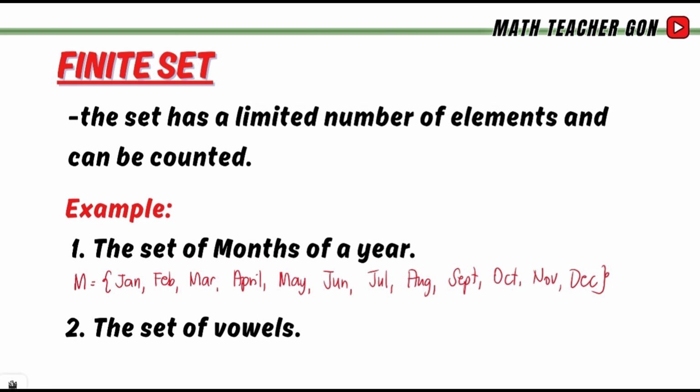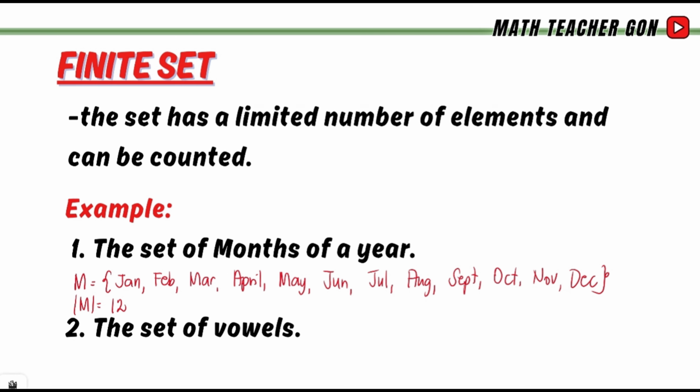So finite set meaning there's a limited number of elements. So you have 1, 2, 3, 4, 5, 6, 7, 8, 9, 10, 11, 12. So there are 12, meaning the cardinality of set M is equal to 12.